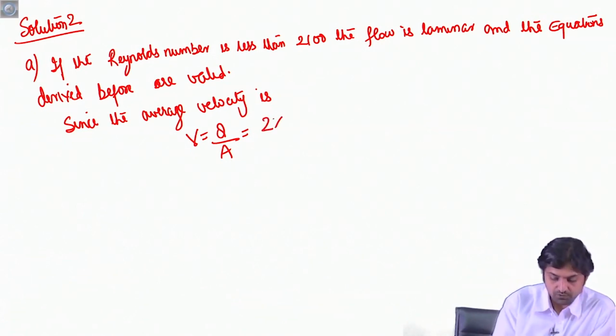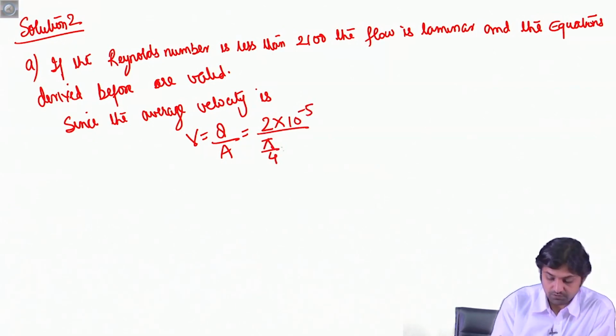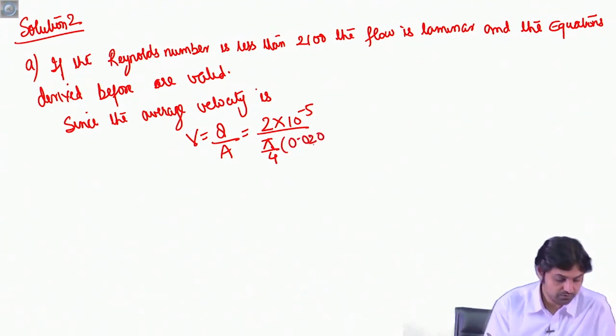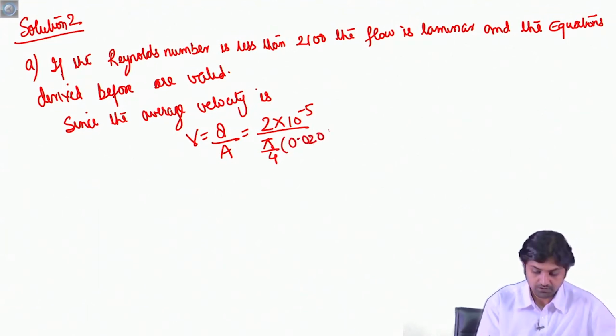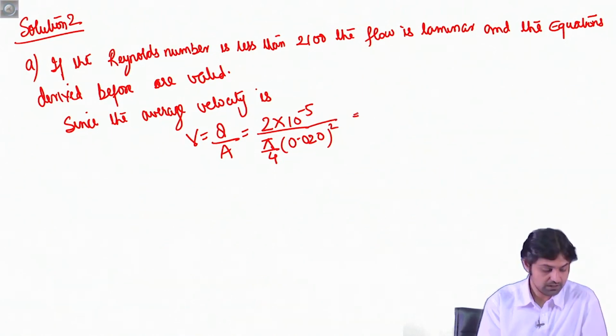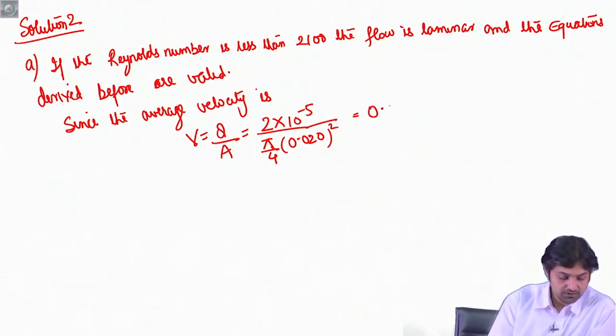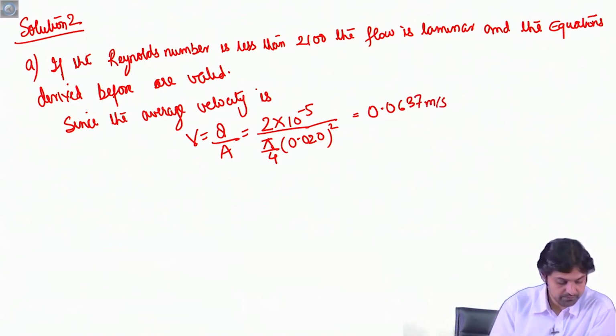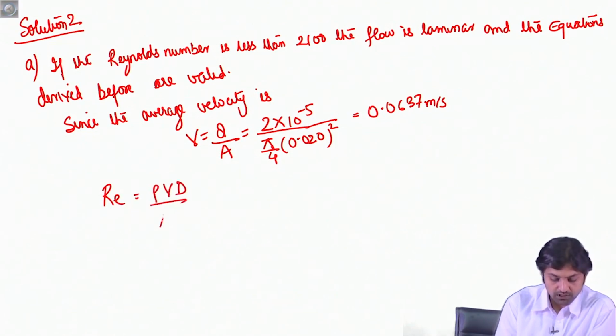So Q is 2 into 10 to the power minus 5 and area is pi by 4 into 0.02 whole square, and this comes to be 0.0637 meters per second. And how do we write the Reynolds number? Rho V d by mu, and on putting this you will get the Reynolds number.